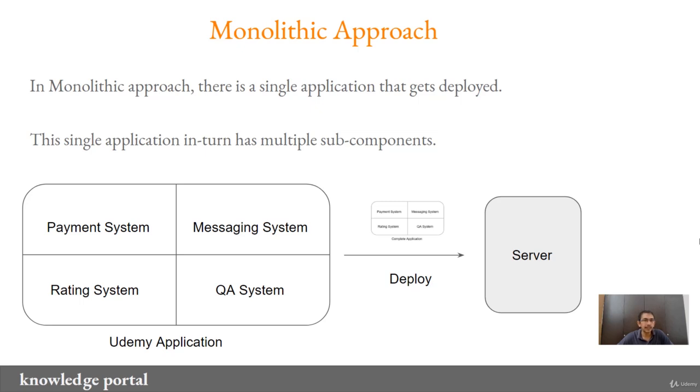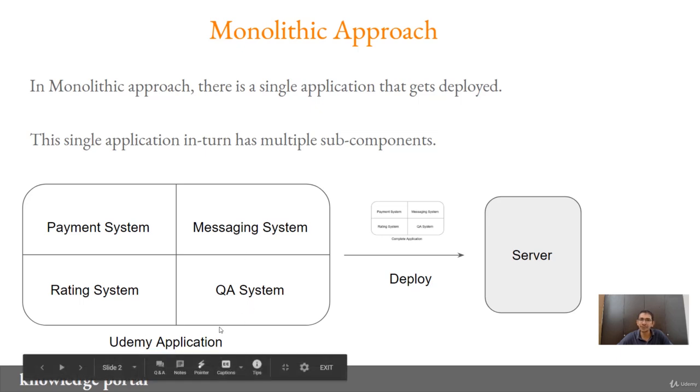Now in a monolithic based approach, there is a single application that gets deployed, and this single application in turn has multiple subcomponents. So let's consider that you have an application here. We'll be taking an example of the Udemy application since everyone is familiar with it. So let's assume that the Udemy application is based on a monolithic architecture.